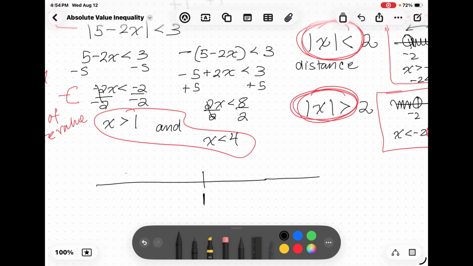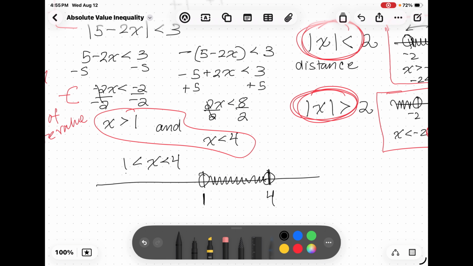And then, say over here, 1, 2, 3, 4, maybe here. And I would have greater than and less than. So that'd be a way of showing it graphically. With the set builder notation, algebraically, I would write it like this. X is greater than 1, less than 4.